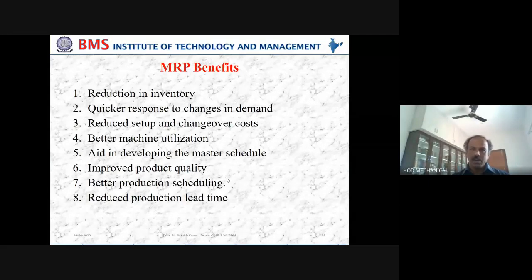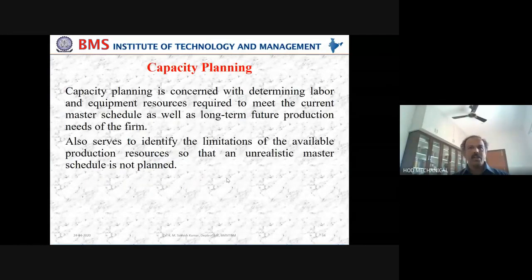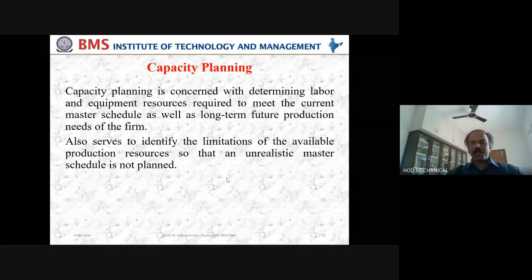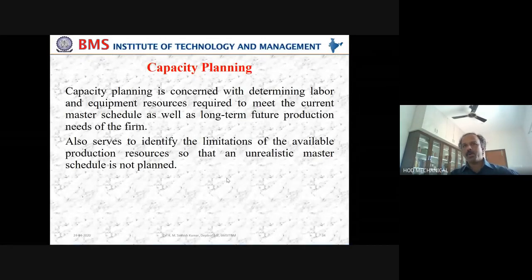Now, after understanding MRP, we'll go with the last one called capacity planning. What is capacity planning? MPS has told the number of products to be produced. Now you know that you need to produce some 1000 pistons.